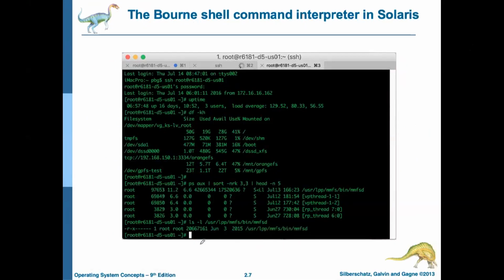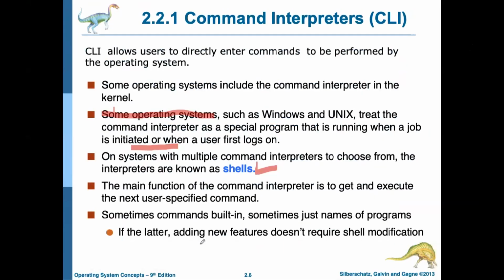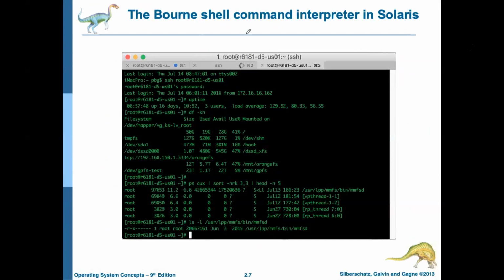This is one example of the shell we mentioned just now: the Bourne shell in Solaris. Solaris is another example of an operating system, using a Unix environment. If you're familiar with Linux, the syntax is almost the same, not like Windows.